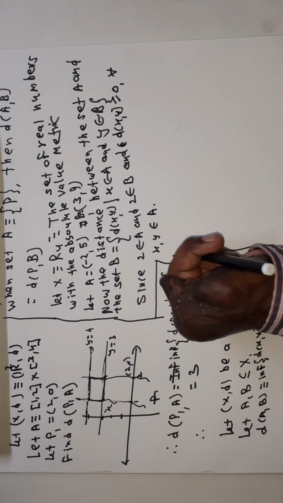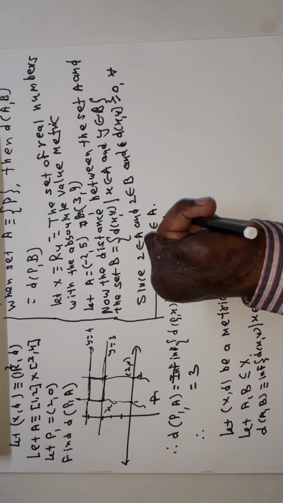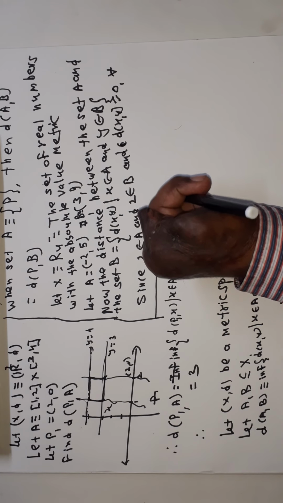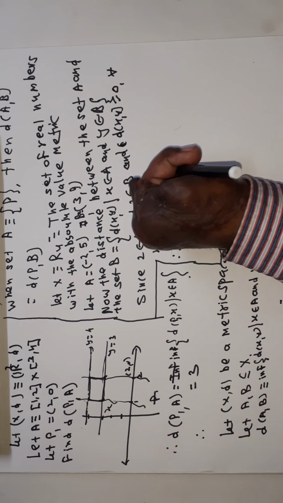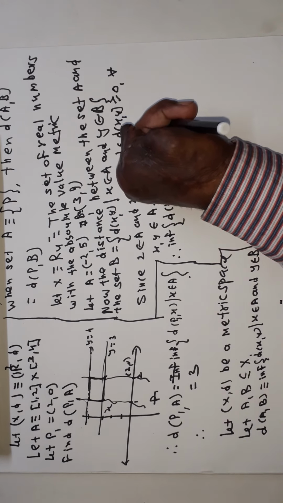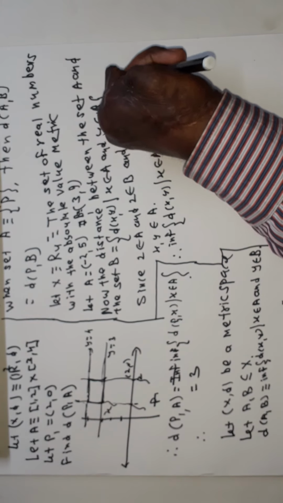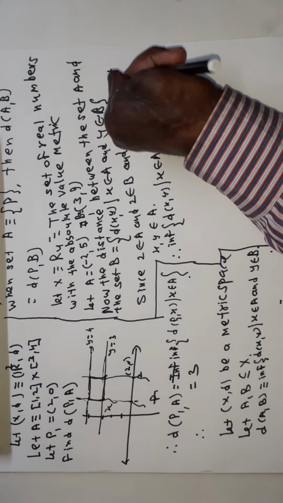Therefore, the infimum of the set of distances between x and y such that x belongs to A and y belongs to B is equal to 0.